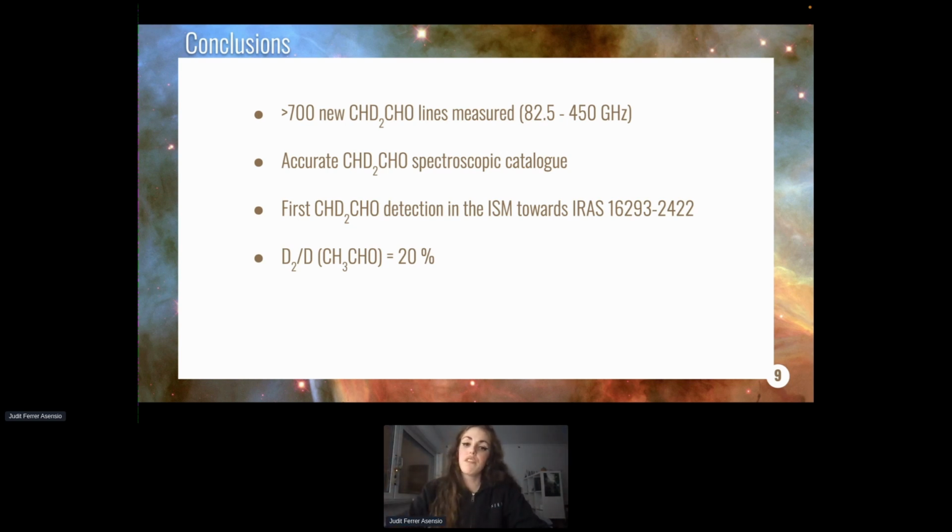And we retrieved a doubly deuterated over singly deuterated ratio of 20%, which is really similar to other COMs. And we think that maybe this could potentially tell us that molecules are partially inherited and there's not a total destruction of the molecules between this pre-stellar core stage and the protostellar core stage.